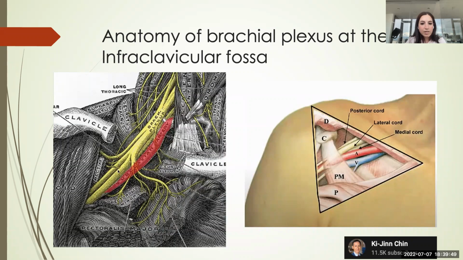As the plexus courses more distally, which corresponds to your ultrasound probe moving more laterally, the cords start to separate and spiral around the artery into their respective positions, which they're named for: the lateral, posterior, and medial cord in relation to the artery.